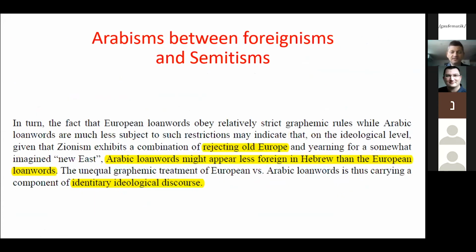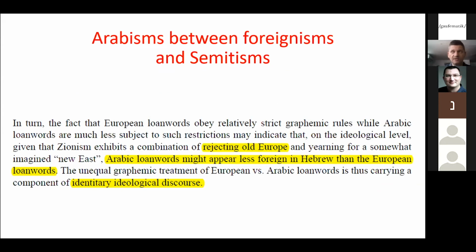Yeah, now this is part of my ideology, because keeping European loanwords in quarantine means rejecting them, not accepting them into the system. Words from Arabic, on the other hand, are welcome in a way, since they might fill gaps which did not exist earlier.